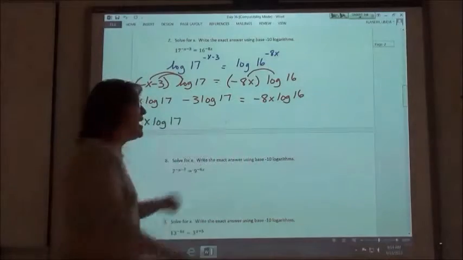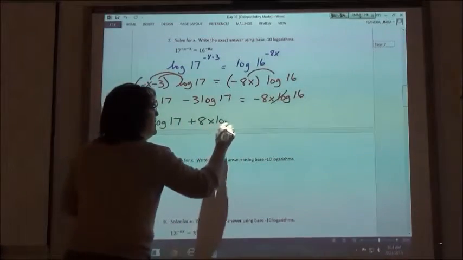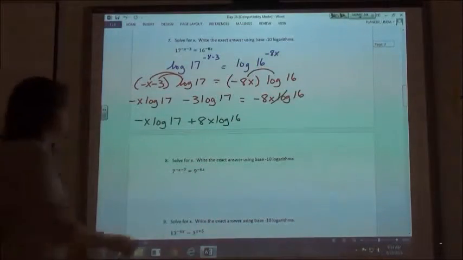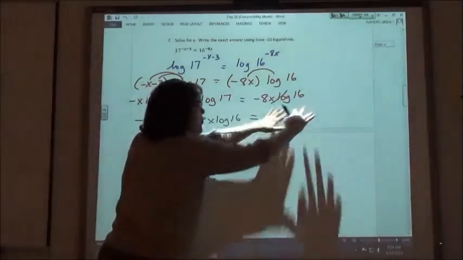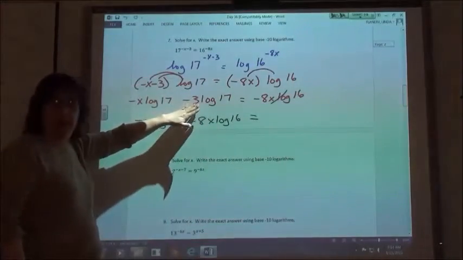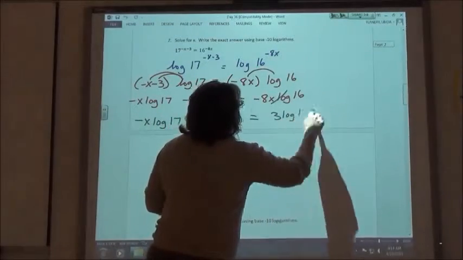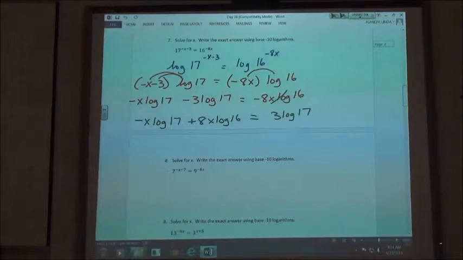Since it's a negative 8x, I'm going to make it a positive 8x log of 16. Equals, same thing with this. This is going to move from here over to the right side. Since it's a negative 3, I'm going to make it a positive 3, so it's going to just be 3 log of 17. Okay?